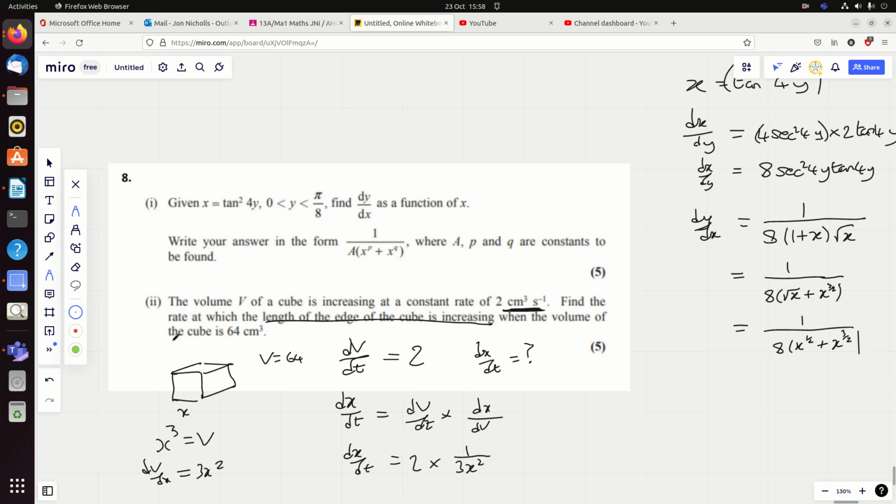But if the volume of the cube is 64, then x must equal 4. So I can plug that in, and I can say this is 2 times 1 over 3 times 16. That is going to be 1 over 24, I believe, centimeters per second.